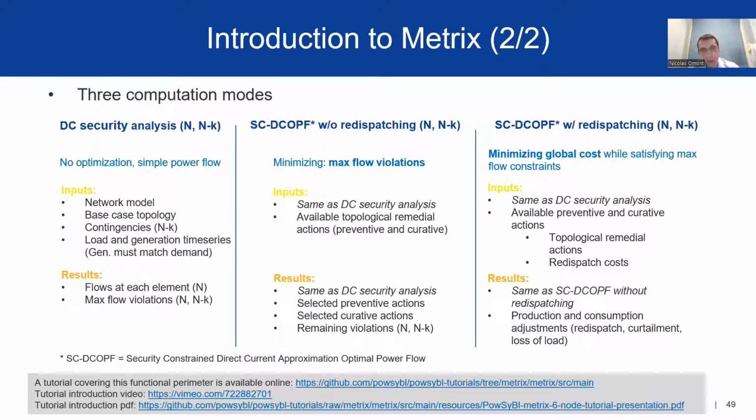Then there are two security-constrained DC OPF modes, one that does only topological actions and no redispatching. The objective is to minimize the maximum flow violation.